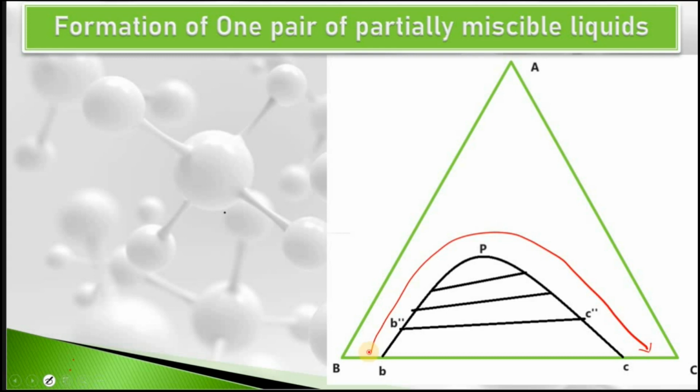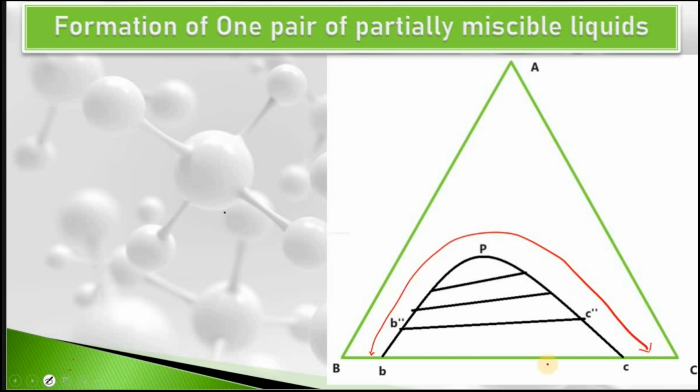There are something more you should know about binodal curve. In the beginning, we had taken three liquids, namely A, B, and C. Out of these three, B and C were a pair of partially miscible liquids, whereas A was the liquid which was miscible with B and C separately.